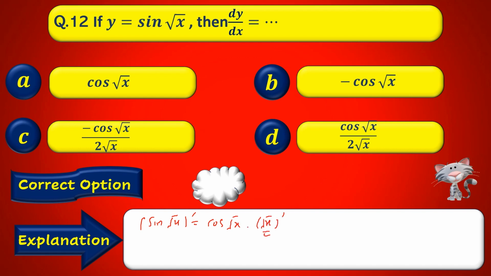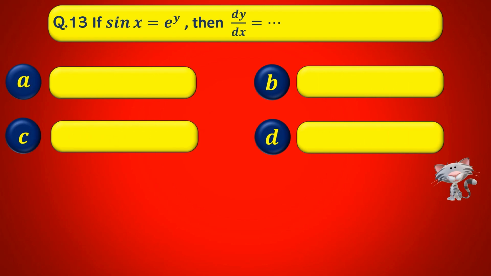We apply the power rule on square root of x, and we get 1 by 2 into x raised to power 1 by 2 minus 1, and it becomes 1 by 2 x raised to power minus 1 by 2, which becomes cos of square root of x into 1 over 2 square root of x. So the correct option is option D.